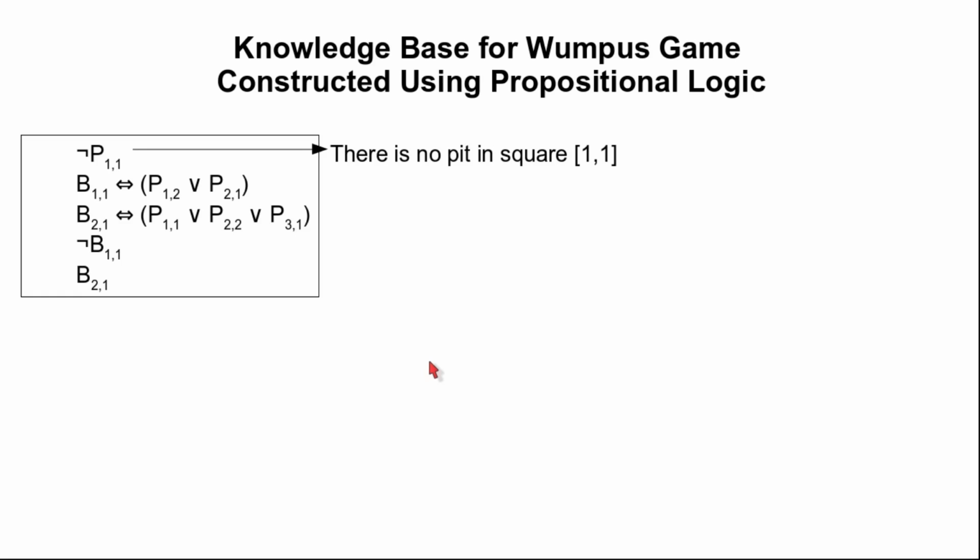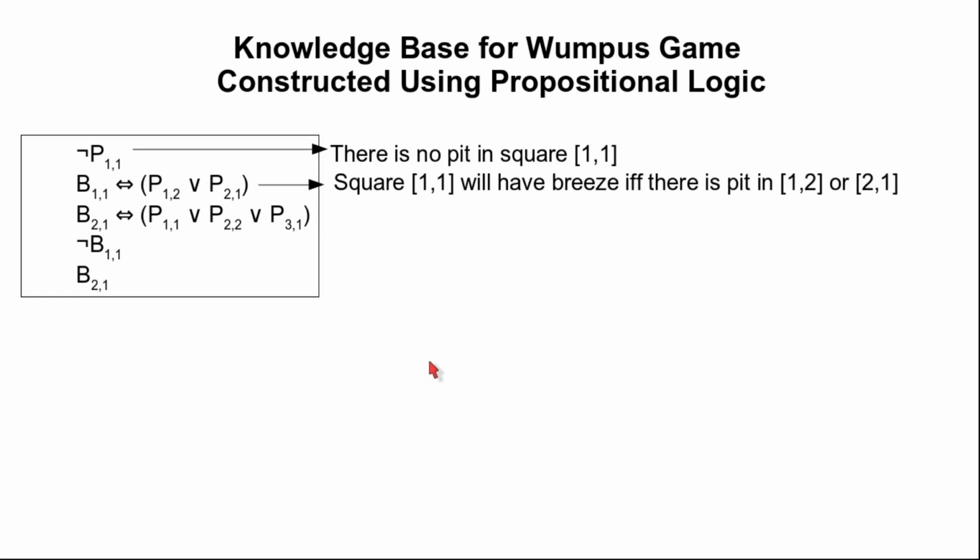The second sentence is for the rule which says that square 1 1 will have a breeze if and only if there is a pit in square 1 2 or square 2 1. So from this rule of the game we can construct this sentence in propositional logic.